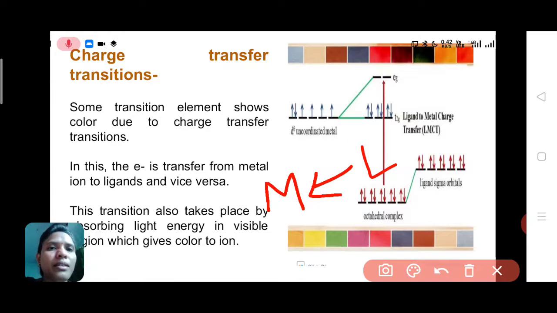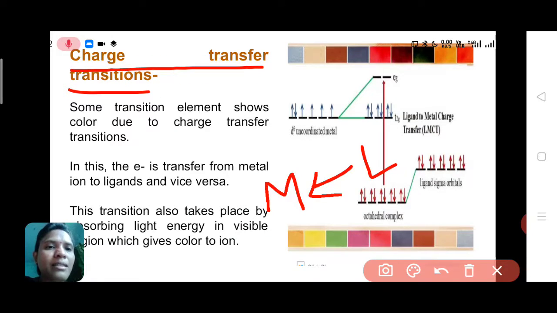So what is charge transfer transition? When any complex compound is formed, there is a transfer of electrons from metal ion to ligands and vice versa, means ligands to metal also or metal to ligand also. When this transfer occurs, there is a charge transfer transition.